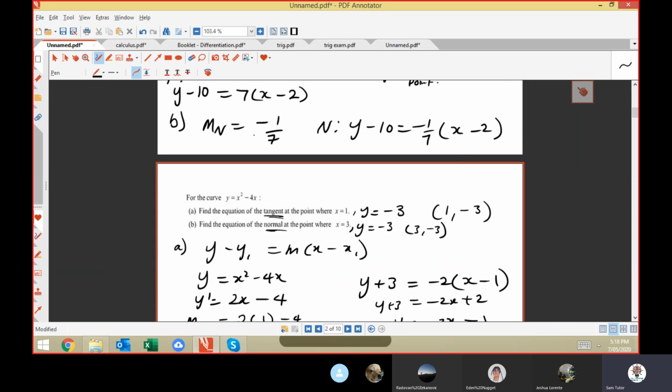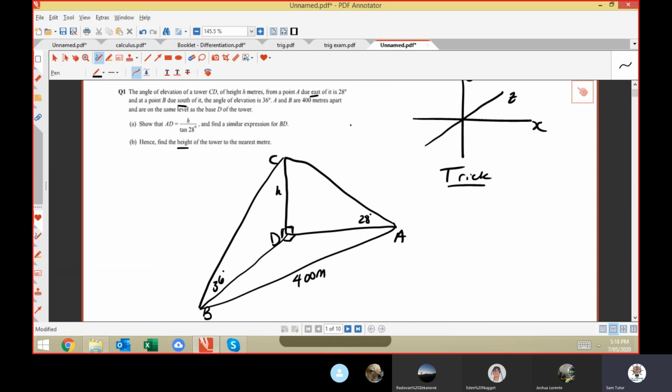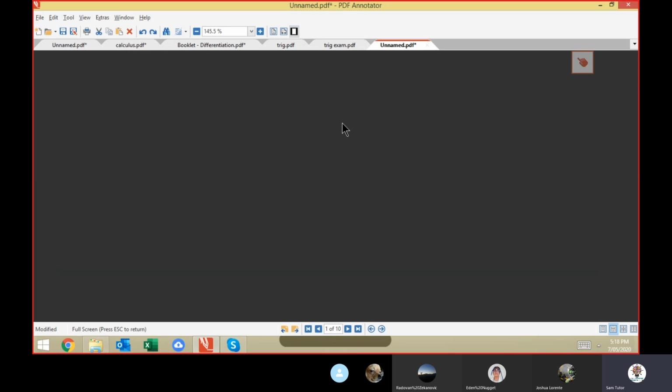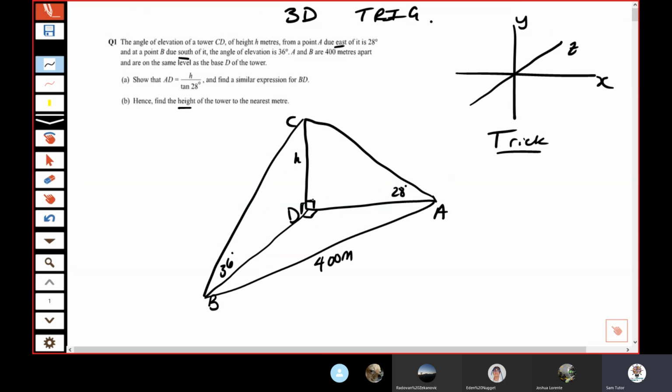The trick with trig here is that if it asks you to find height, you're not going to find this side here. And that is what's weird about it. You don't find this height from here, this side.